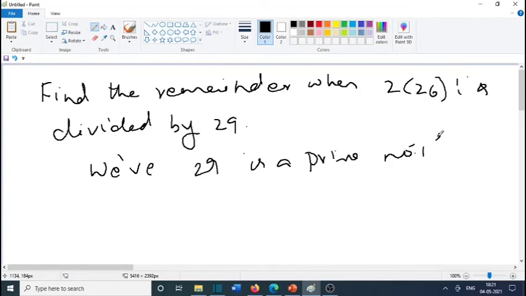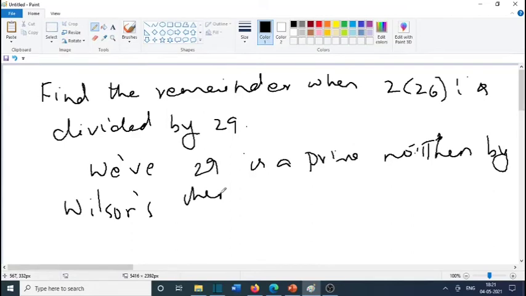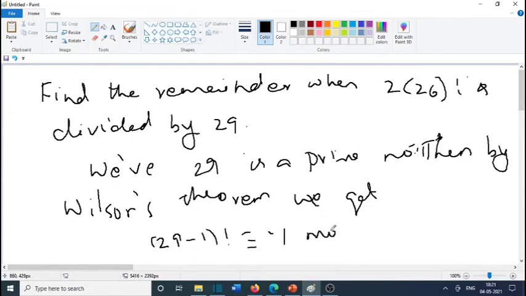Then by Wilson's theorem we get 29 minus 1 factorial congruent to minus 1 mod 29.